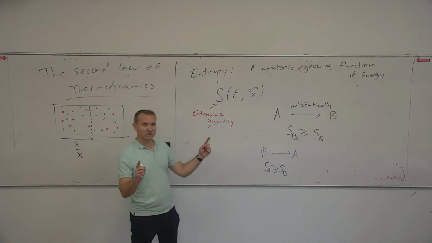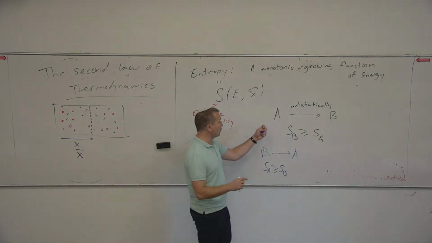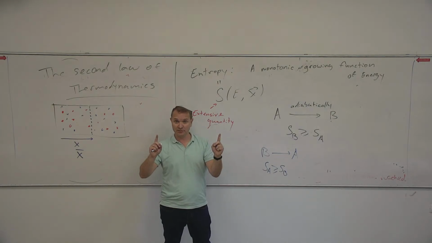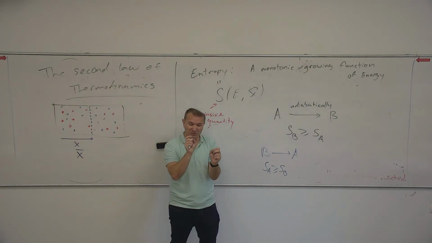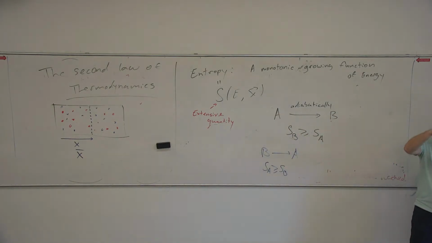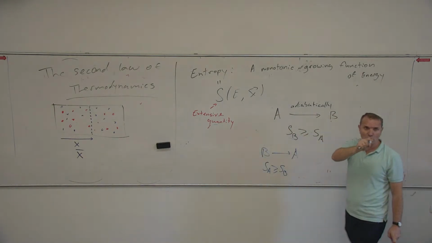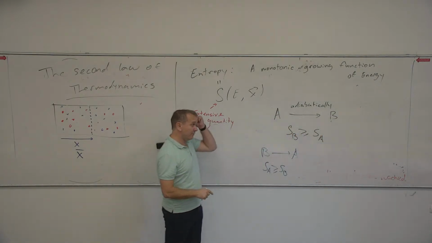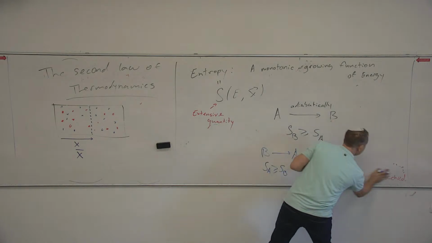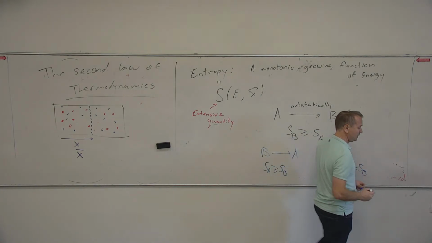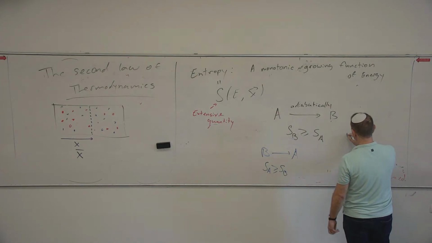And in the case where I can go from A to B, or from B to A, reversibly, by changing all the different variables inside my system little by little, but not letting heat in or out, for such a process, if they are connected to each other, I would say that S_A equals S_B. Reversibility.